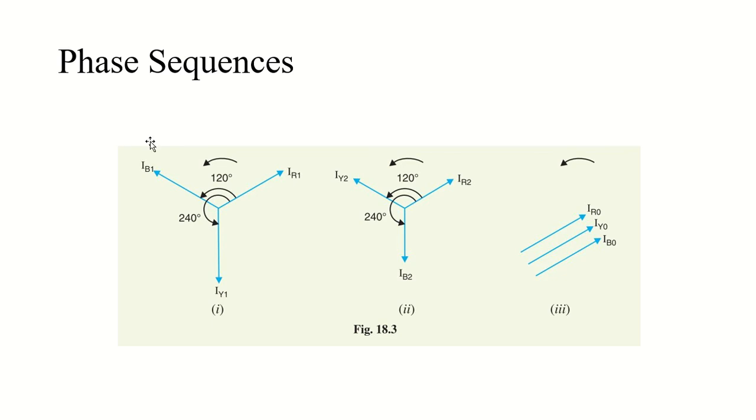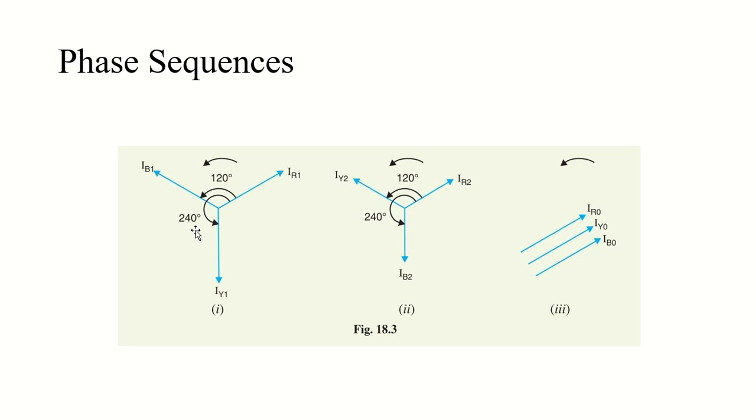So firstly you will take IR1, IY1, and IB1 as your current vectors. As you can see in the image, they hold equal amplitude, and the phase difference between them is 120 degrees. The phase difference between IY1 and IB1 is also 120 degrees, and between IR1 and IY1 is also 120 degrees, but in the negative sense.